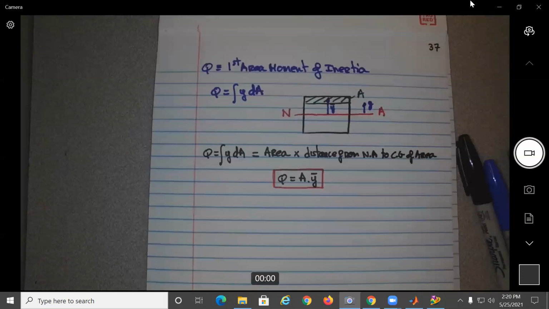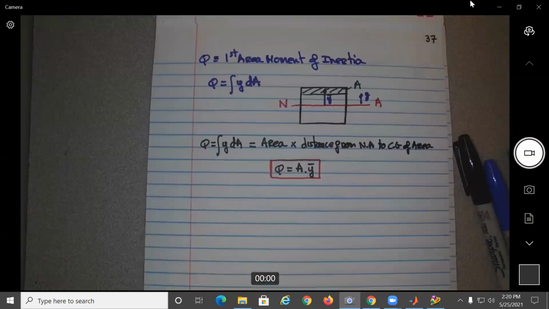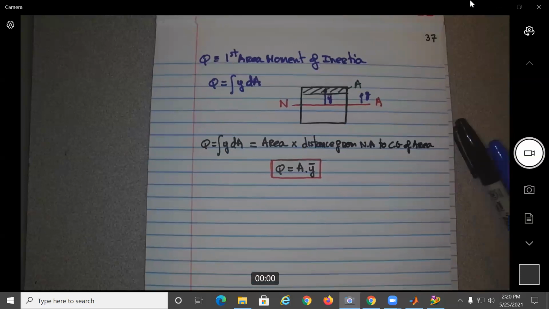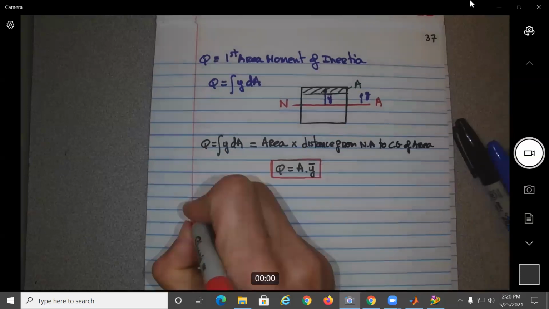Okay, so before we do a problem about shear, I'm going to give you some general comments, but which are important.